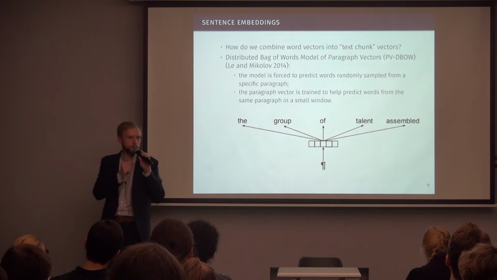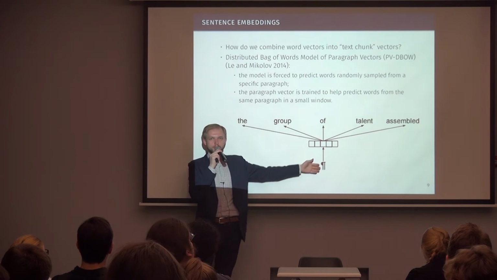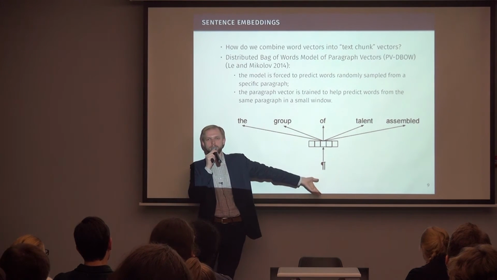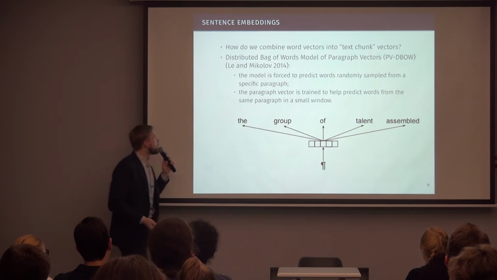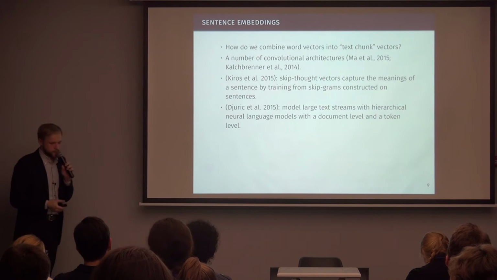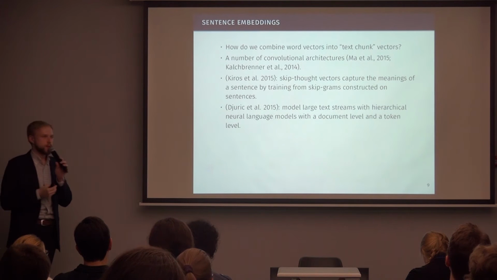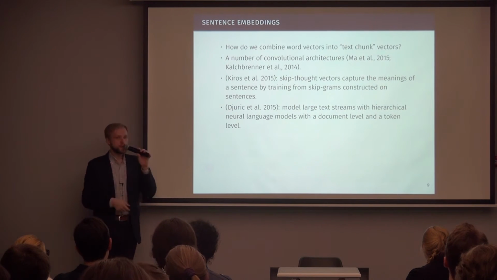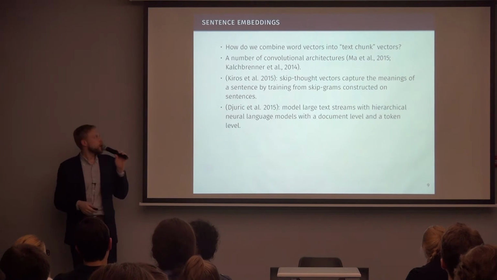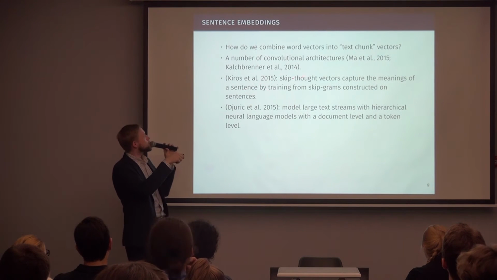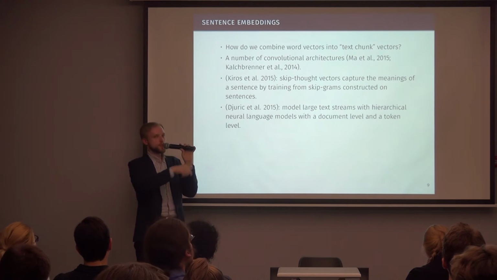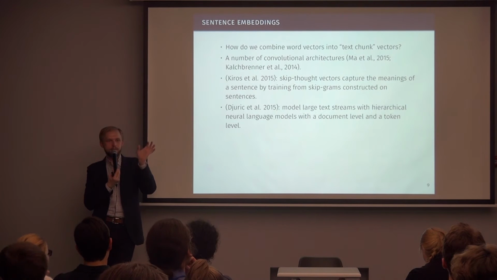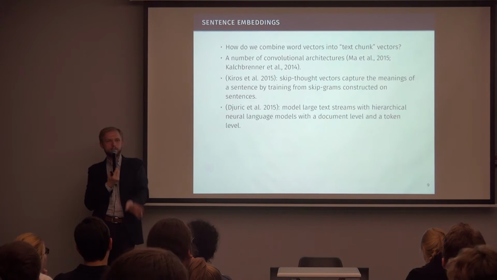Or you can do it vice versa. In the skipgram architecture, you just try to predict words of a paragraph from the paragraph vector. Okay. There are some other ideas, and I think I will not go into details here. There are a number of convolutional architectures, and there is an interesting idea called a skip thought vector. So in a skipgram, you take a window and cut off the middle word.